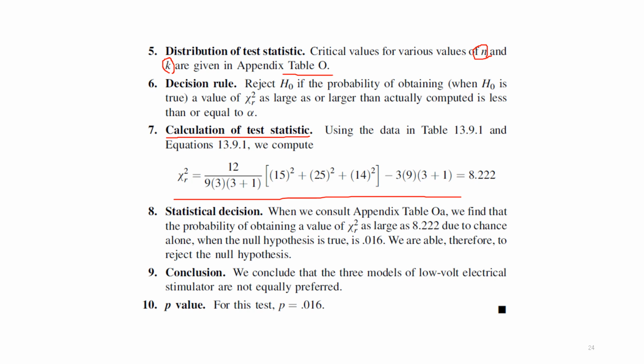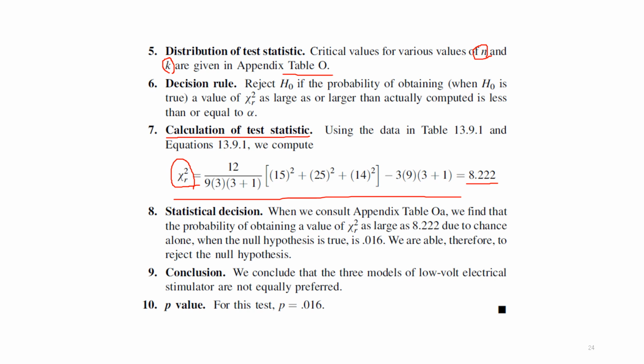They are based on the same form as a calculation formula, but according to different methods the formula shows a little difference. Then the chi-square R is calculated as 8.222.